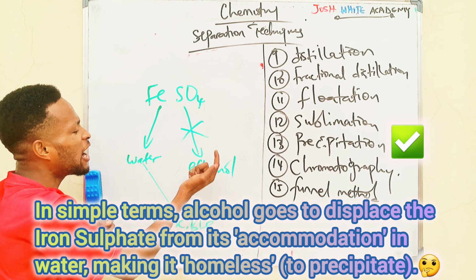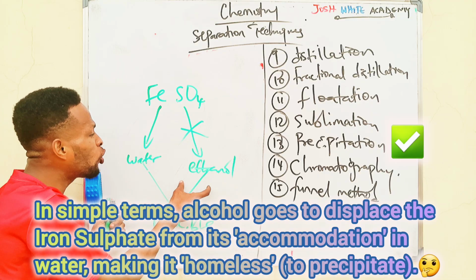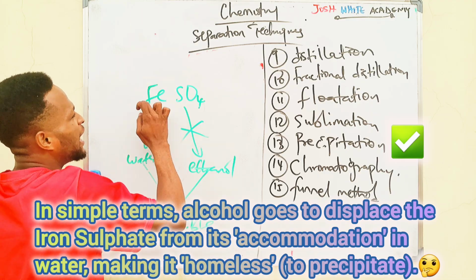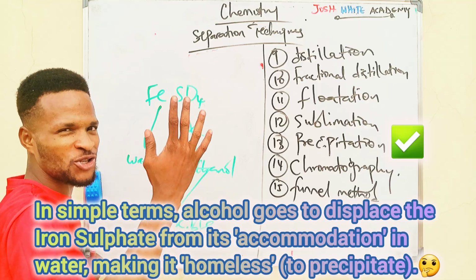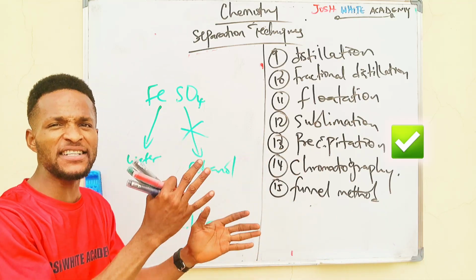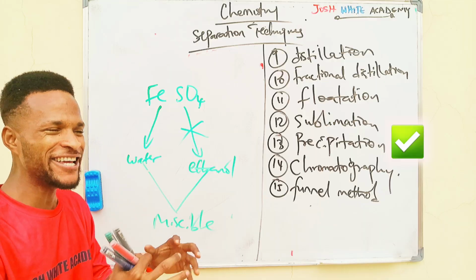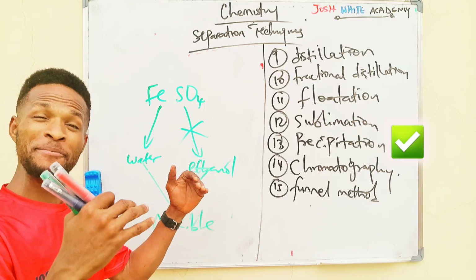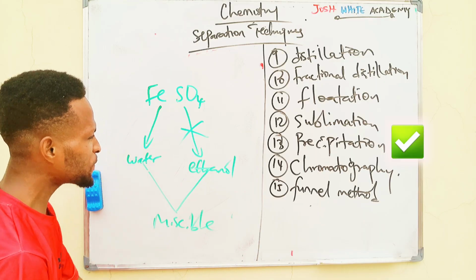But when you bring alcohol, ethanol, inside, the ethanol mixes with water, making iron sulfate come out as solid. That process is known as precipitation. Differences in solubility of a solid in two different miscible liquids.